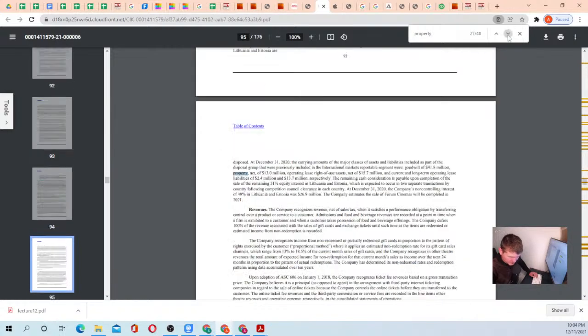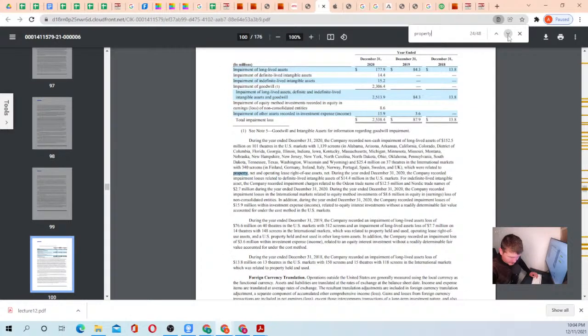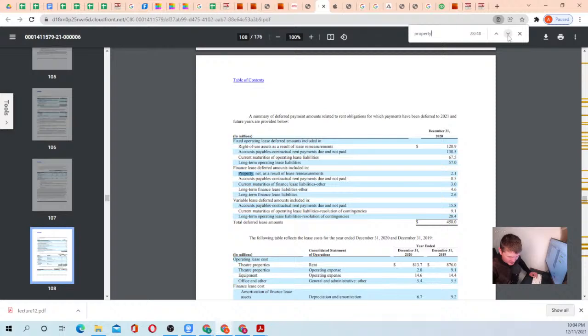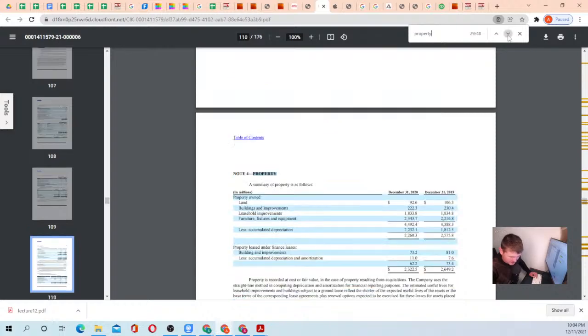Okay, property. We are looking for a breakdown of property by classes and accumulated depreciation. Fixed operating leases. Property, finally.